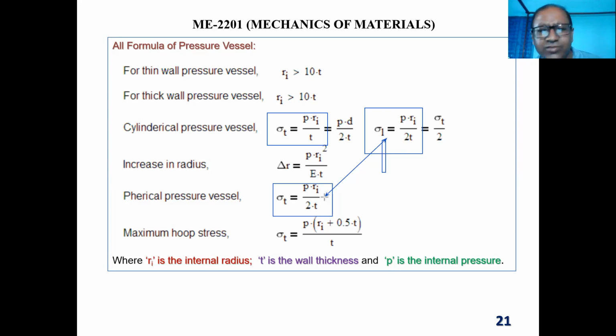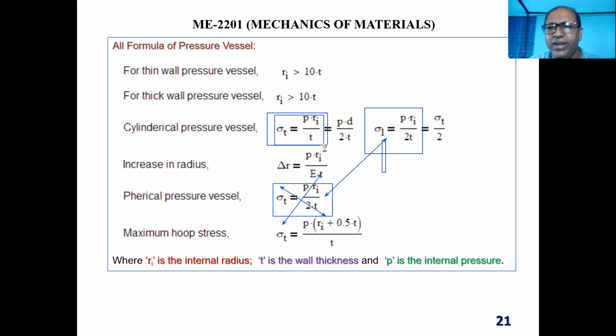Obviously spherical. In a spherical vessel, you apply some pressure, it becomes a hoop load, like sigma L, half of sigma T. This is also half of sigma T of the cylindrical pressure vessel.